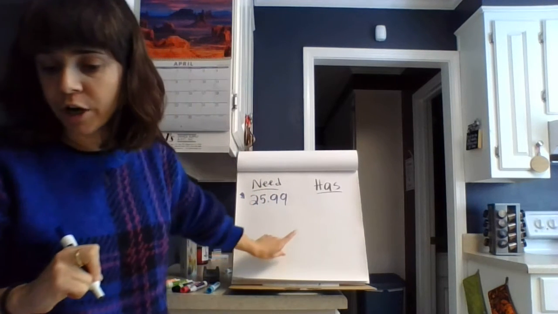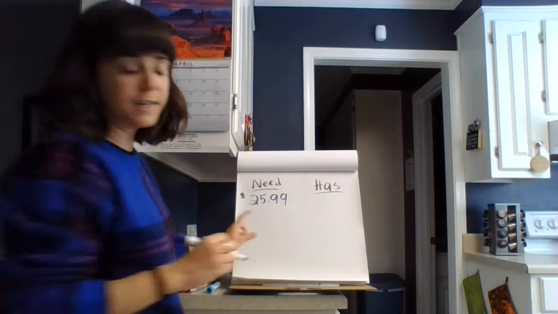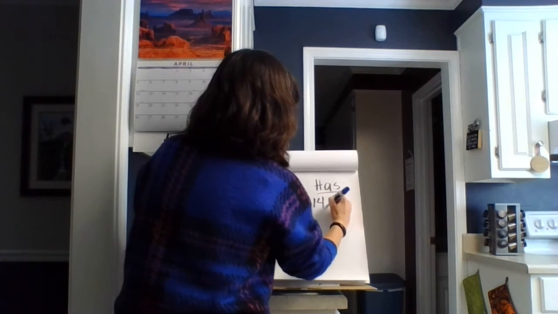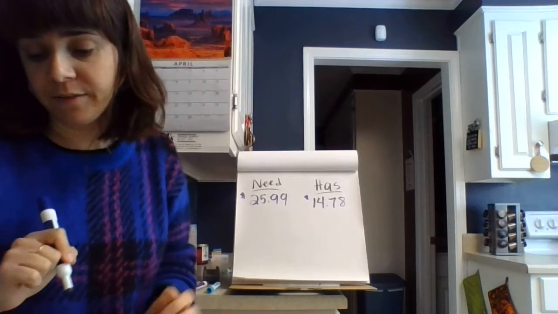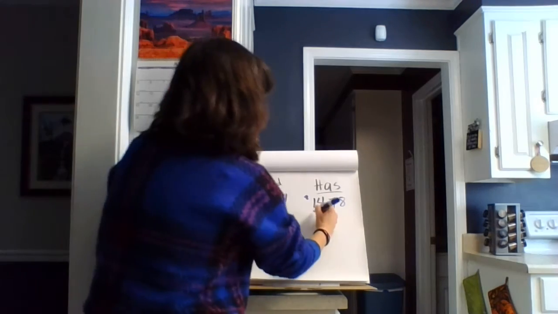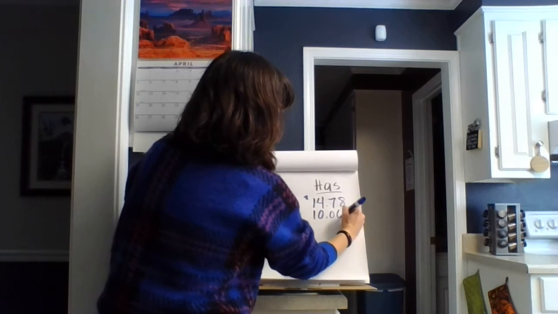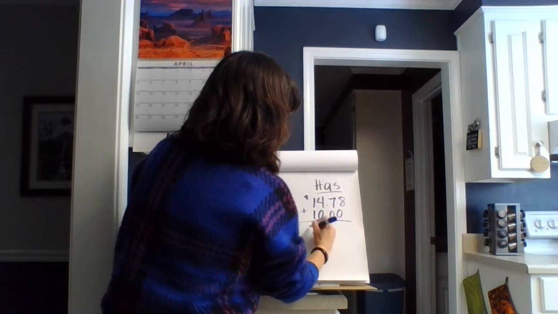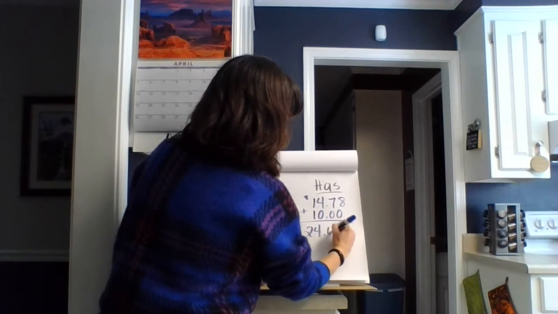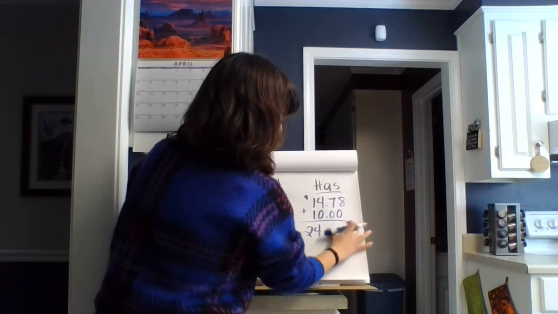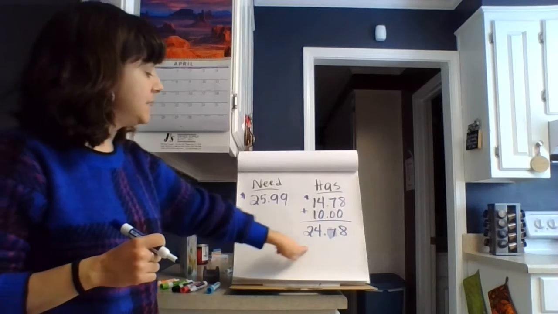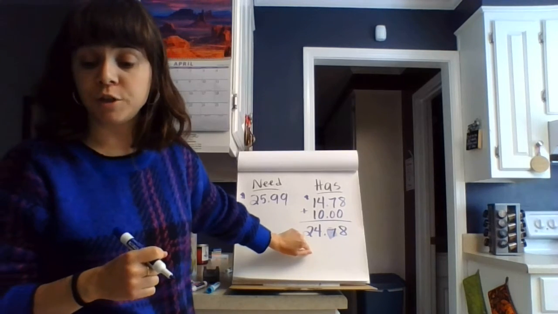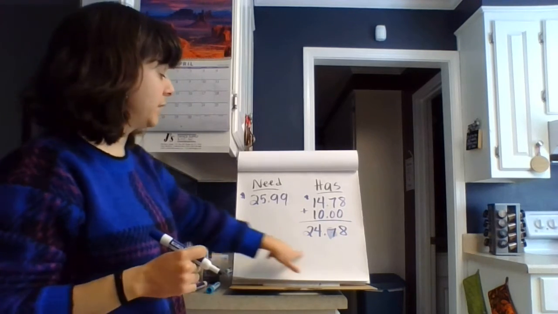Okay, and then so far Jeff has saved $14.78, and then his friend Gina lovingly gives him $10. So we're actually going to add that to what he has. Okay, so that would mean he has $24.78 now. Okay, and then I want to see the difference because we want to know how much more money he needs. So then we're going to subtract.